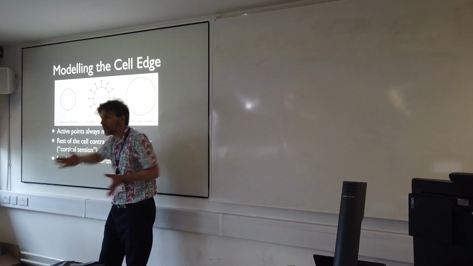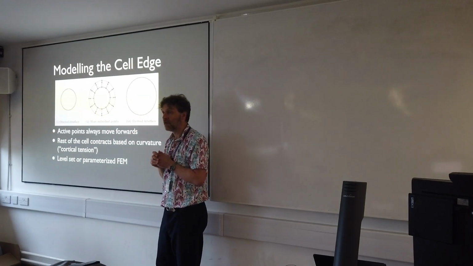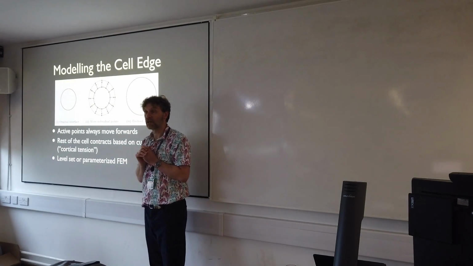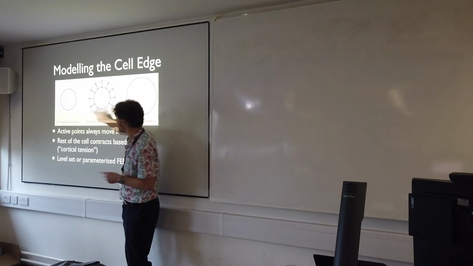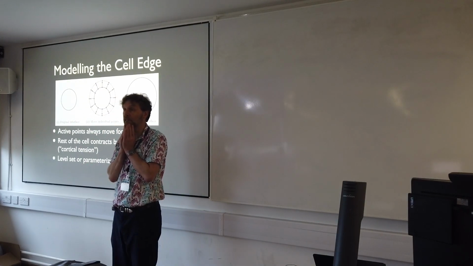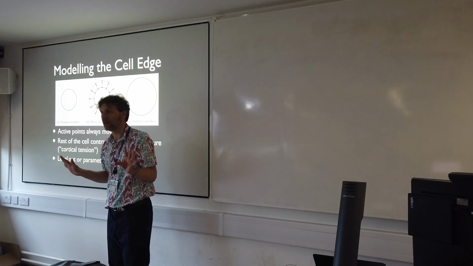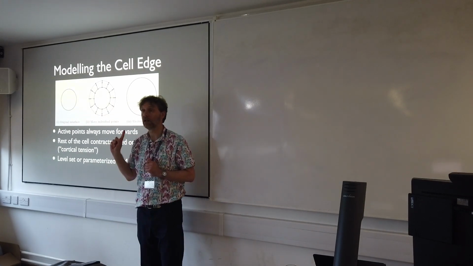And as the rest of it contracts behind them, the points are going to come back together. And fairly soon, your model is going to break down. You also have a terrible problem that occasionally points will cross over and the perimeter will become twisted, and that crashes the model every time. So you have to do something to make the edge behave well.